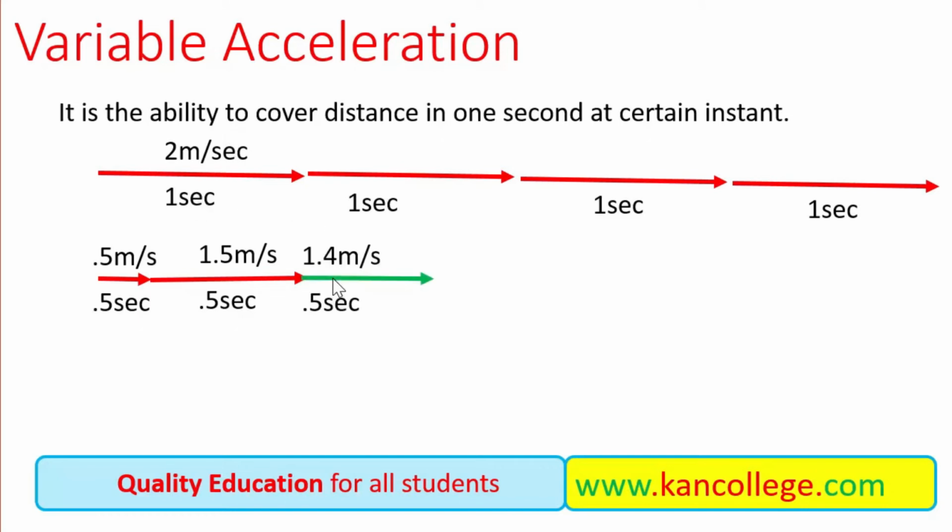Similarly, in the next second the body has accelerated 1.5 meter per second for the first half, and in the next half second it has accelerated further by 0.6 meter per second.